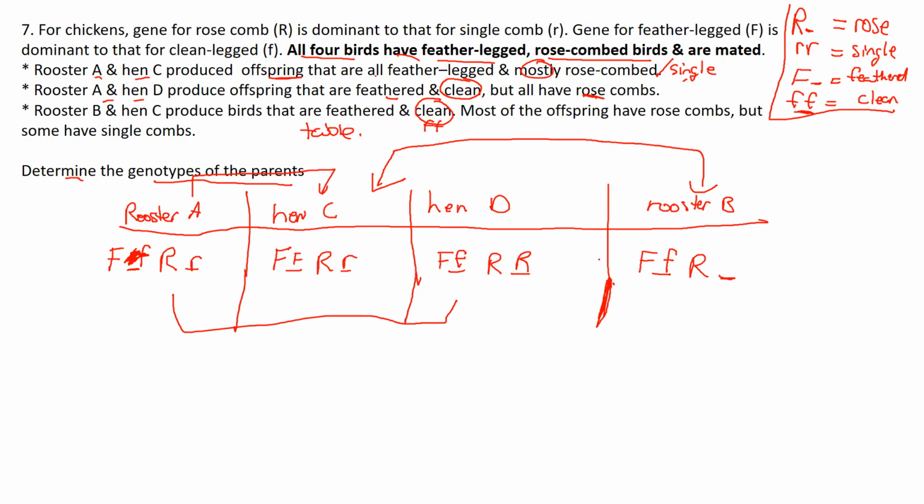So we know this is a little f, and we have to go back here and get rid of that, because now we found some more information, and we know that that must be a recessive allele for clean, little f. And they had rows, most of them are rows, but did have some single combs. So if they had single combs, we now know that this guy must have a recessive allele for single, for them to ever have any single offspring.